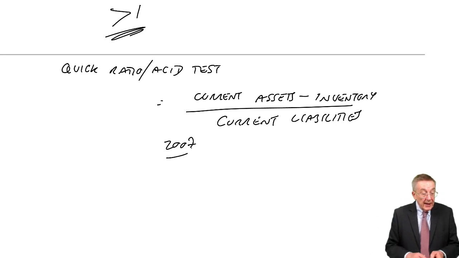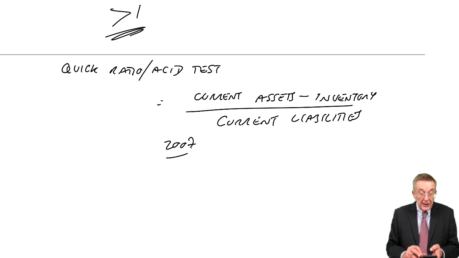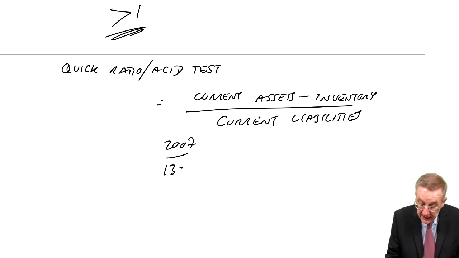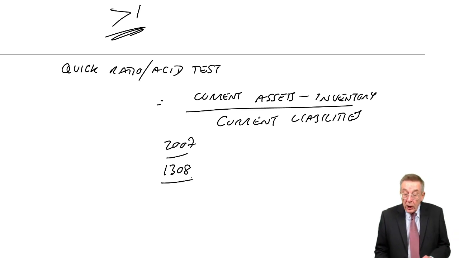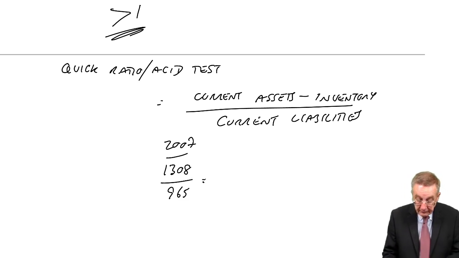So what was it in 2007? The total is 2314, but if we take out the inventory, it's 1308 over current liabilities 965. 1.36.